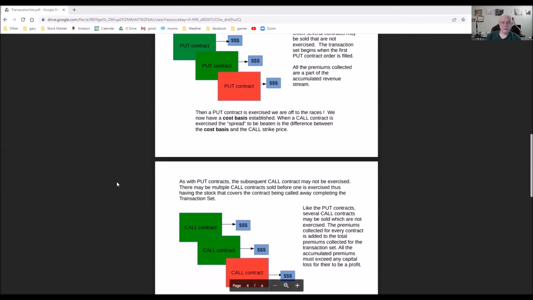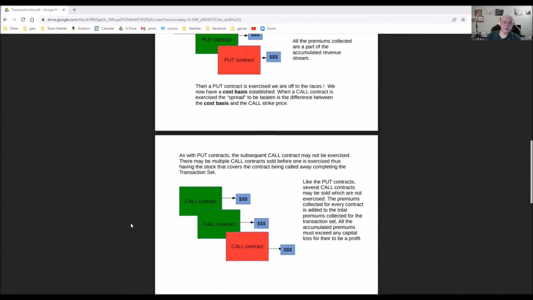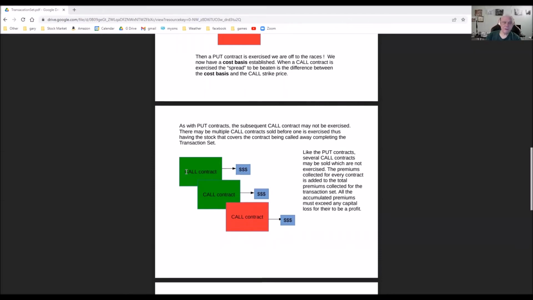So after you do that, you got to do your call contracts because you got the stock to cover a call contract. So let's say for the sake of this example, your first call contract expires without being exercised. The next one expires without being exercised.